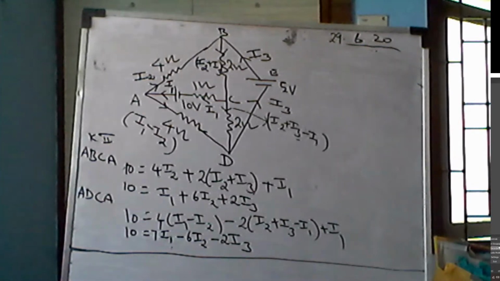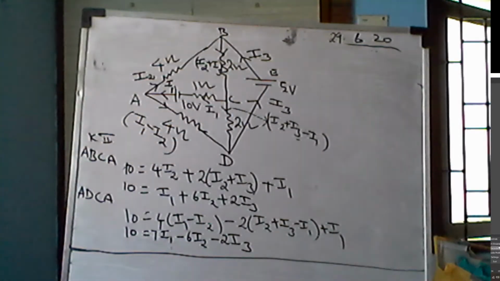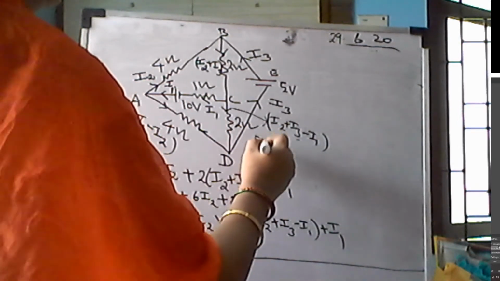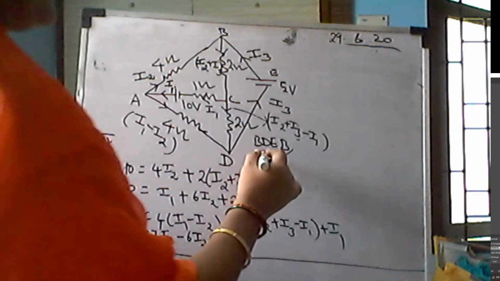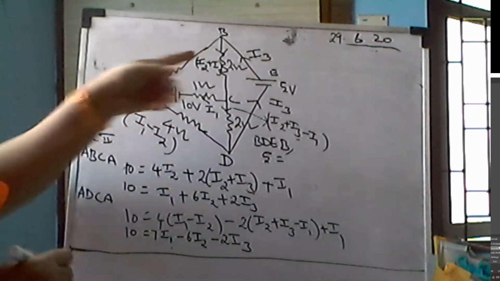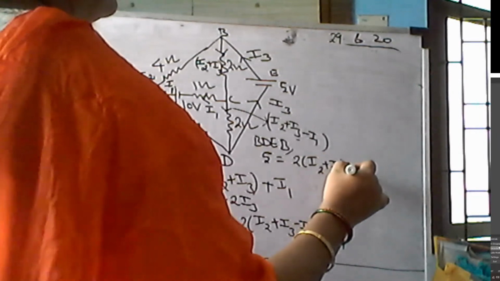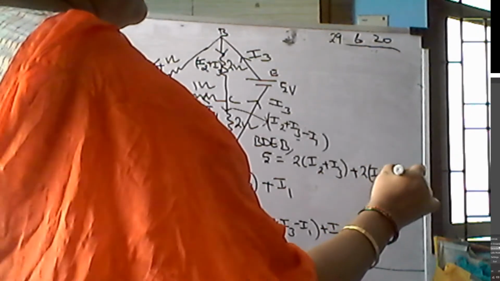Another equation is, you can take the mesh B, D, E, B. When you take the mesh B, D, E, B, then you will be getting 5 equal to, in the same direction, 2 into (I2 plus I3), then plus 2 into (I2 plus I3 minus I1).